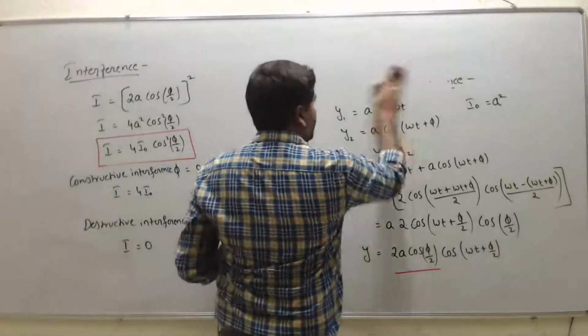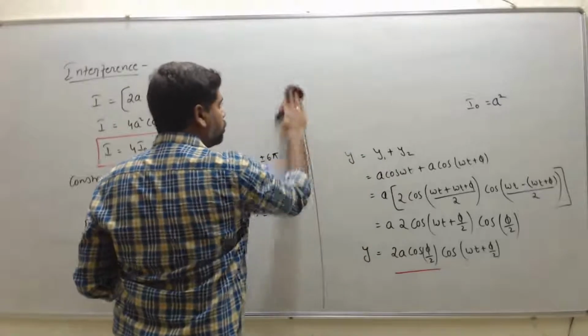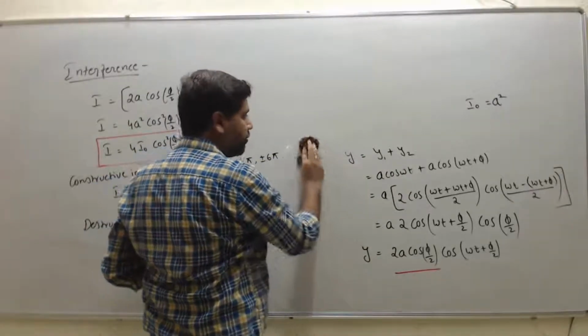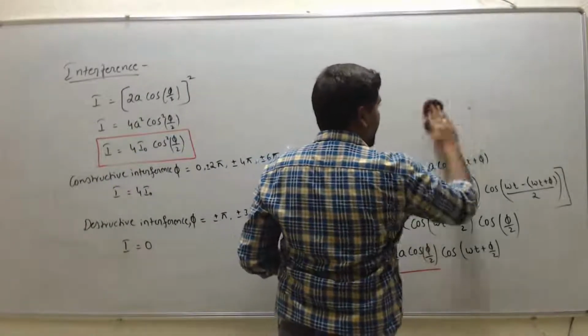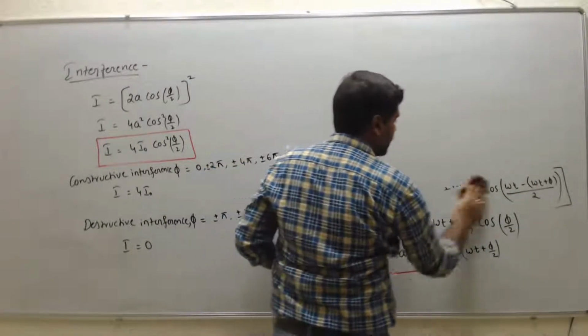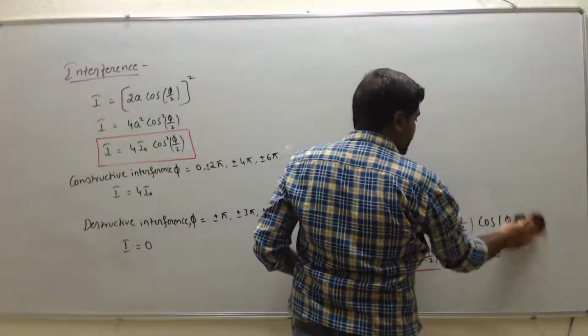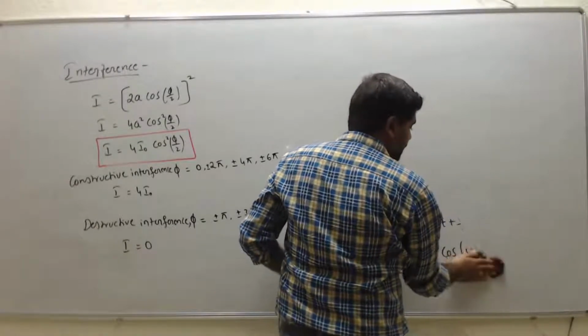So next, if the two sources are vibrating in phase, we have fixed intensity, that is the position of the maximum and minimum intensity will not change.